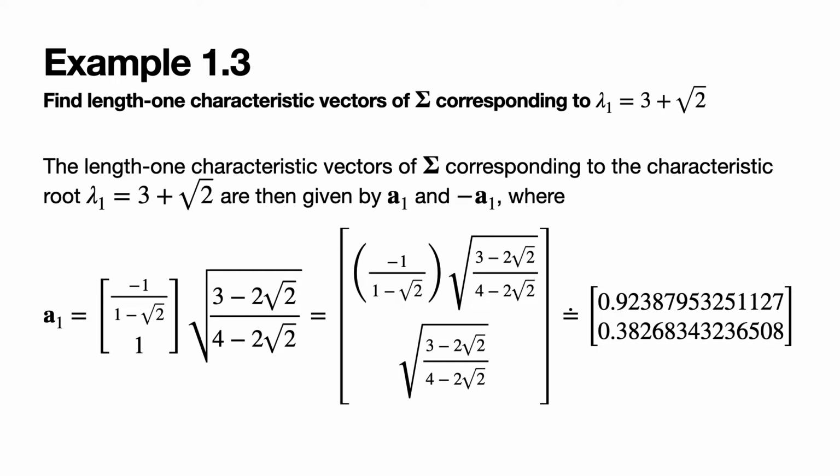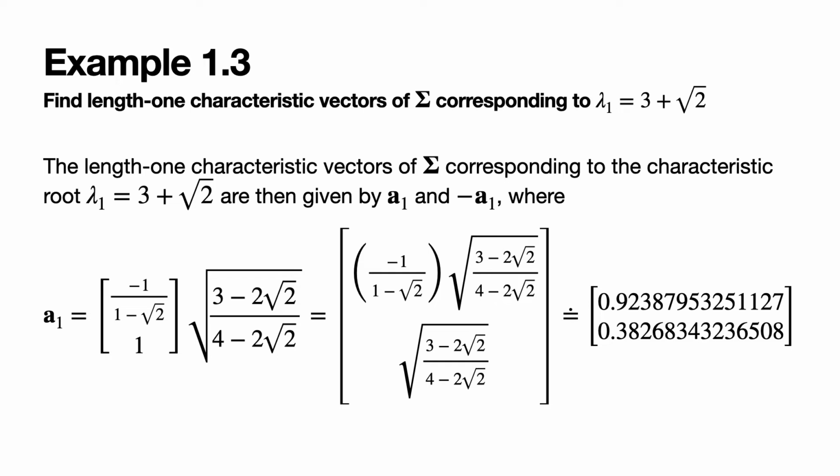We have several square roots and fractions and so forth. But if we evaluate those, we can see that the length 1 characteristic vector of cap sigma corresponding to the first characteristic root that we're labeling A1 is approximately equal to 0.9239 in the first entry, or the first row, and 0.3827 in the second row.